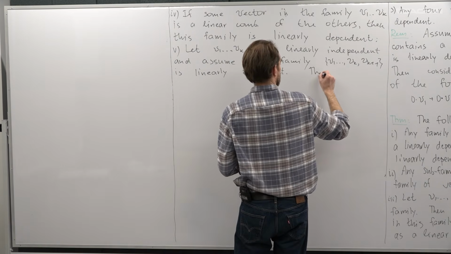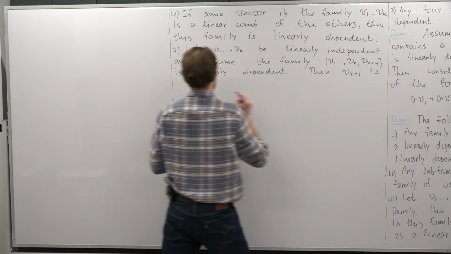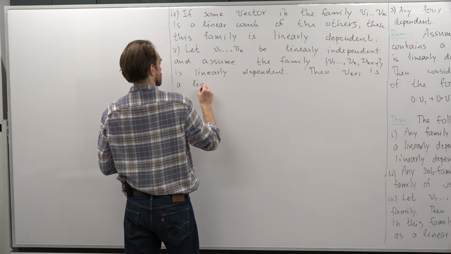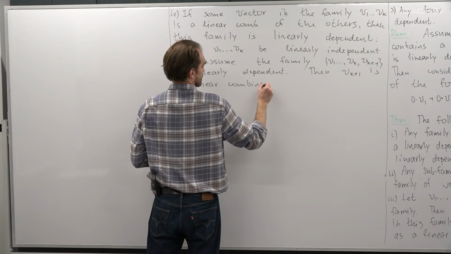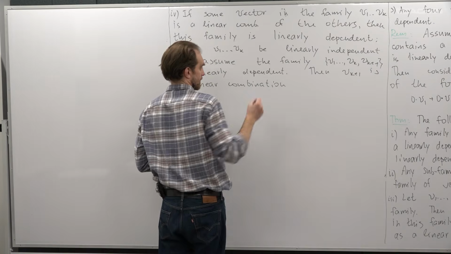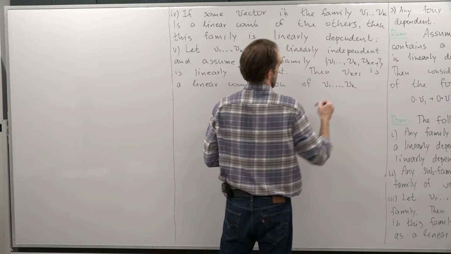Then vk plus 1 is a linear combination of v1, etc., vk.